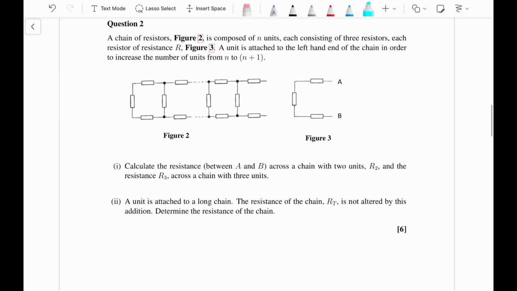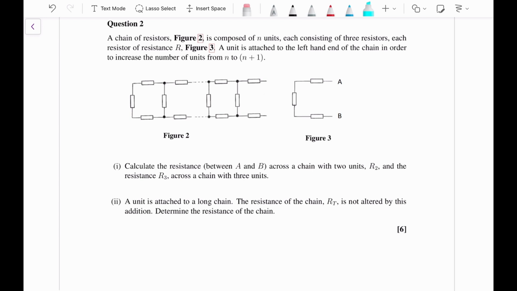Now let's look at the second question. Over here it says a chain of resistors figure 2 is composed of n units, each consisting of 3 resistors, each resistor of resistance R. So all of the resistors are identical, figure 3, okay.